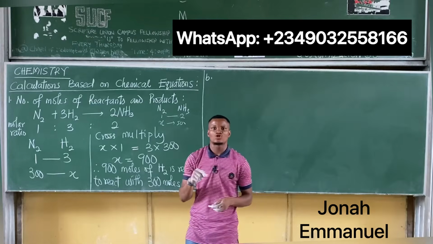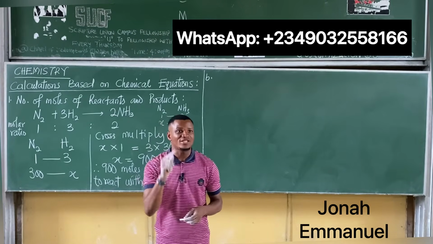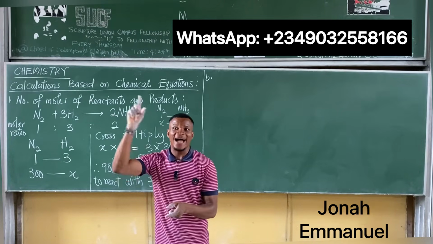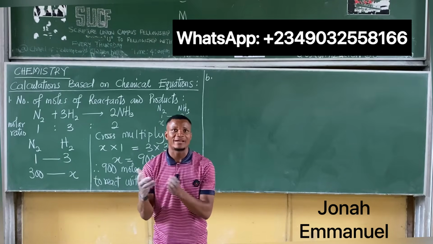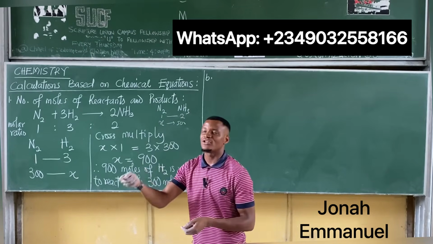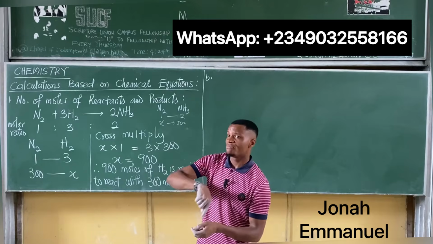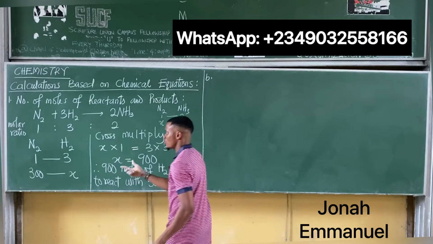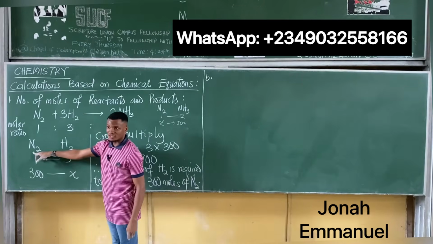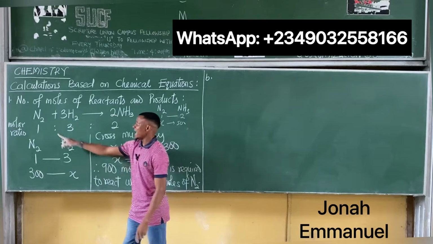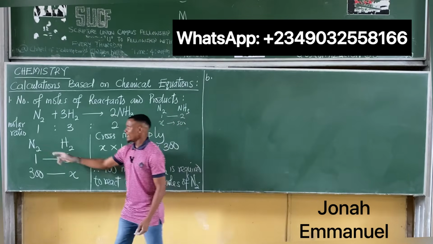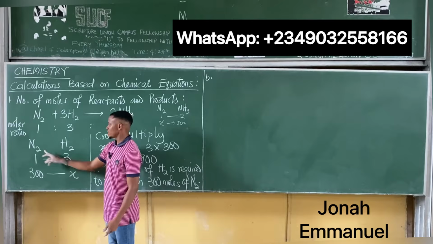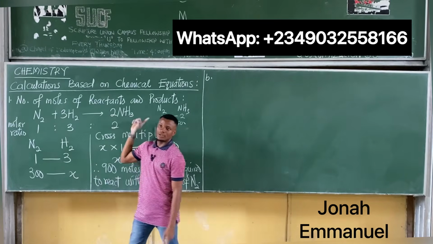That's one. Number two, observe. In the question, they said how many moles of hydrogen is needed to react with 300 of nitrogen. So in my question, they mentioned hydrogen first before nitrogen. But in my solving, observe, I wrote nitrogen before hydrogen. Why? I am following the sequence of the equation.